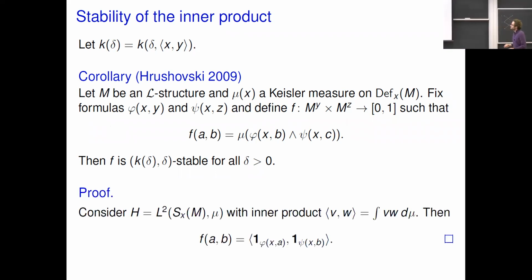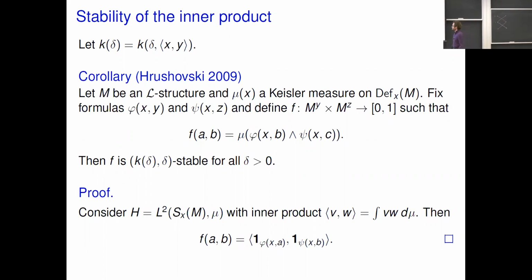Now Hrushovski's proof of this was different. I think this connection to the stability of the inner product in continuous logic is a more recent understanding. Hrushovski proved this directly using some complicated tools, but this can be seen as a corollary of the previous thing, where you consider your Hilbert space to be, so you think of your Keisler measure as a Borel measure on the type space, take L2 of that probability space, take the usual integration inner product.